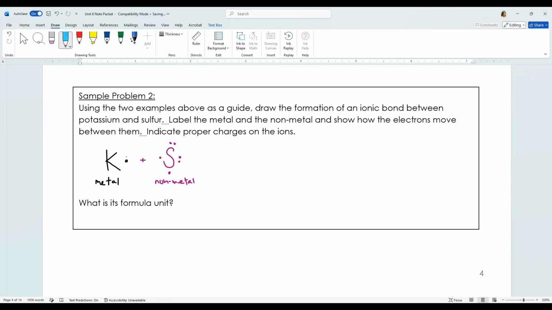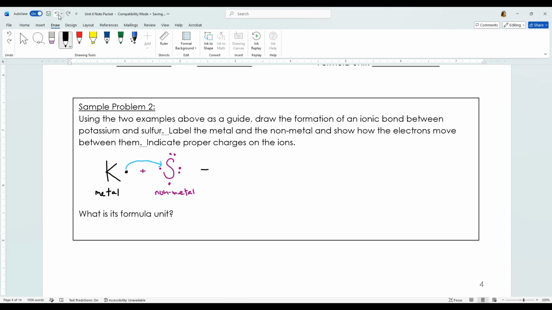So this 1 electron from potassium can get transferred over here. Now, the only thing is that sulfur still needs 1 more electron. So guess what? Where is it going to get that last electron from? Well, another potassium atom is needed. So let's draw that second potassium.